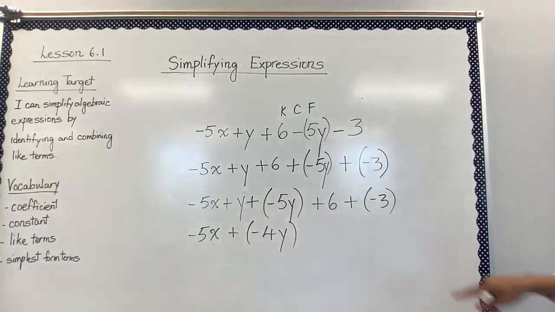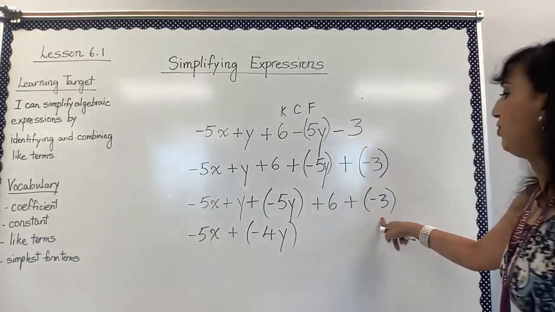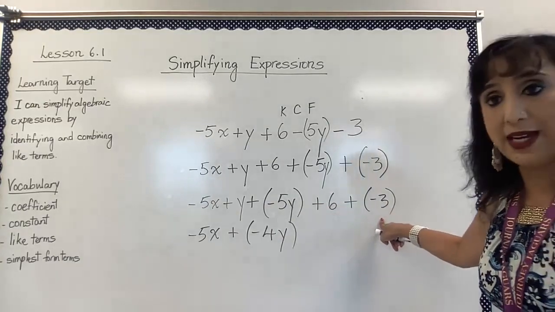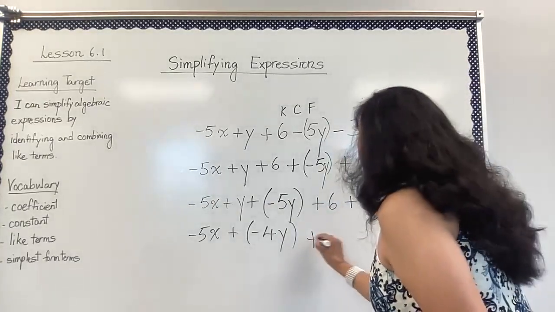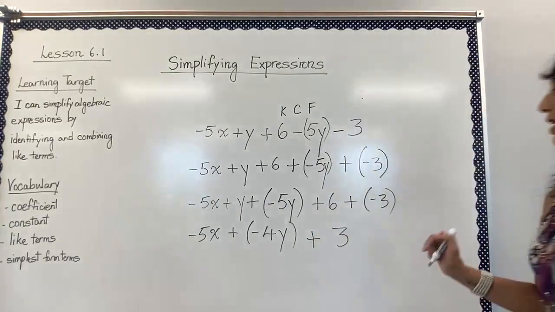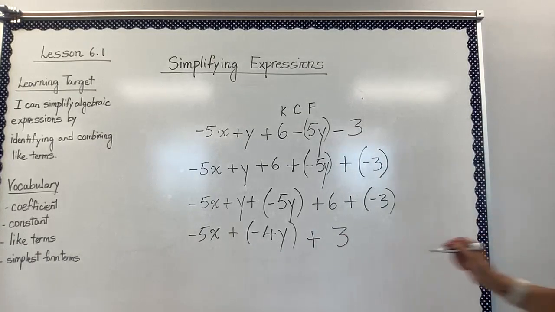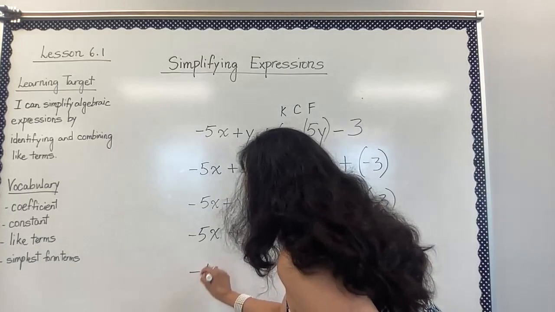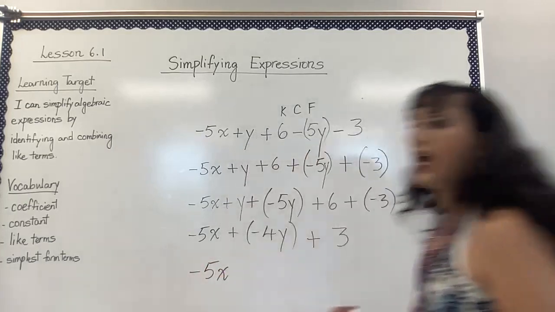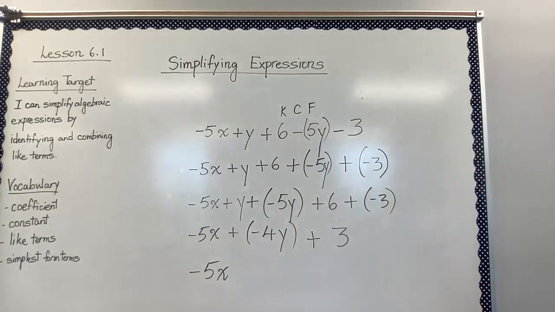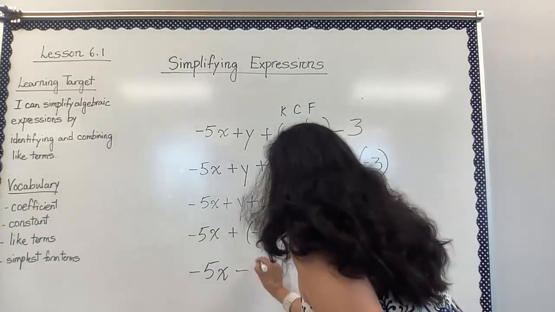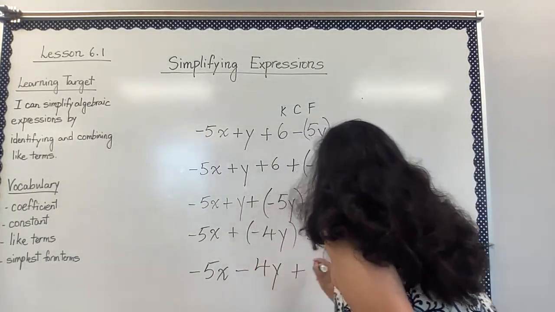Okay, and then I have 6 plus -3, which is saying 6 minus 3, which is going to give me 3, and the sign in front of 6 is positive. So this is going to be plus 3. So therefore my answer here, negative 5x and plus -4y is nothing but minus 4y plus 3.